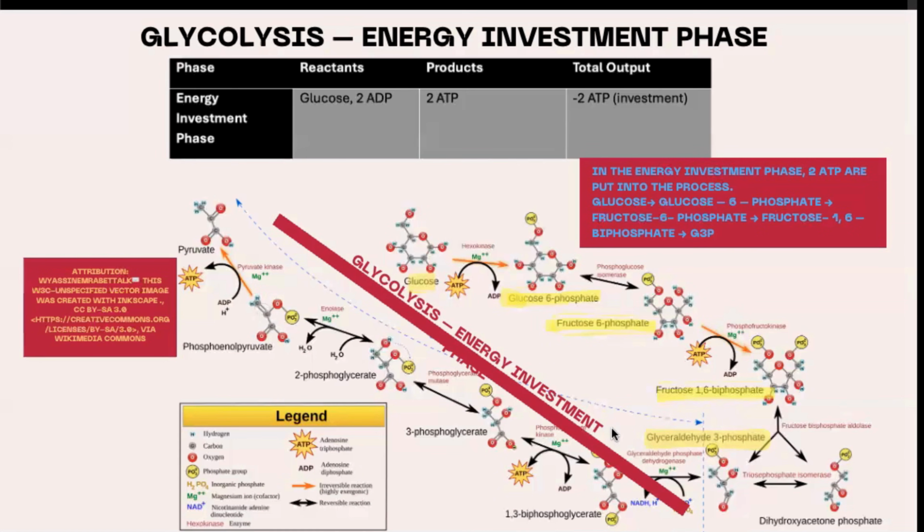So when we talk about glycolysis, we have the first series of steps, which is part of the energy investment phase. In this energy investment phase, we're taking glucose and eventually going down a chain of events to get to G3P. Throughout this whole process, we have this moment where we're taking ATP, specifically in two steps in here, and utilizing the ATP from the external environment to then produce ADP.